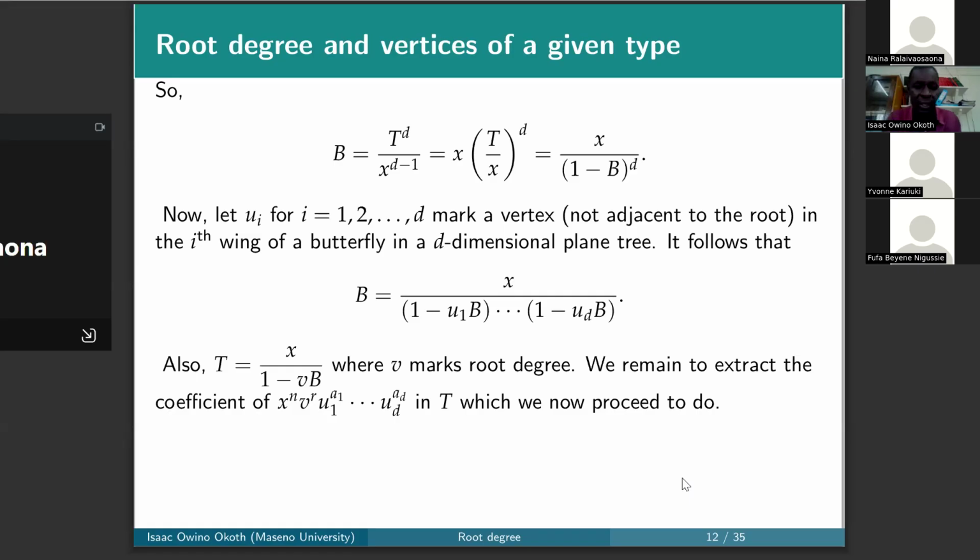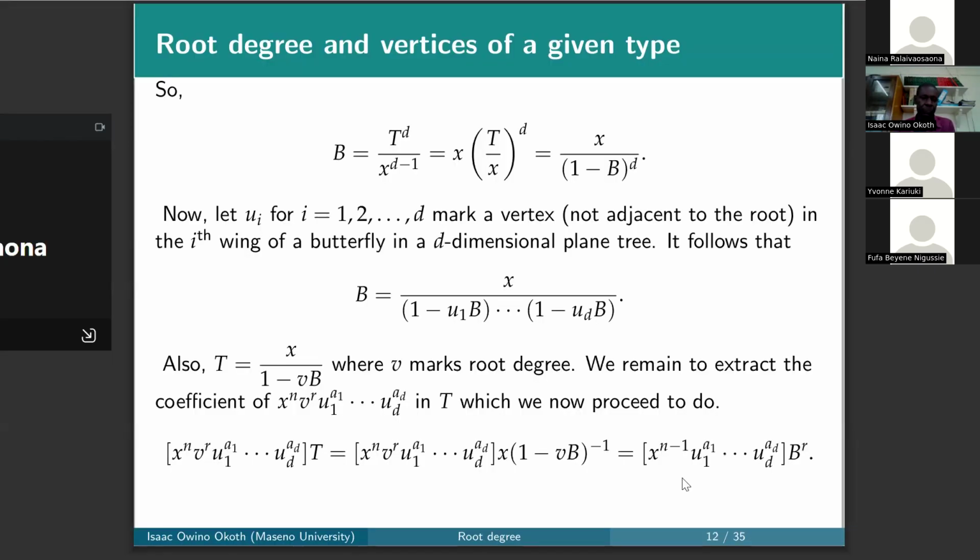So what remains is just to extract the coefficient of x to the power n, v^r, u_1^a_1 all the way to u_d^a_d in T, which we now proceed to do. So how do we do that? We know that T is expressed as x over 1 minus vB. If you have 1 over 1 minus vB, you can write it as the sum of v^k B^k, summing over all the k's.